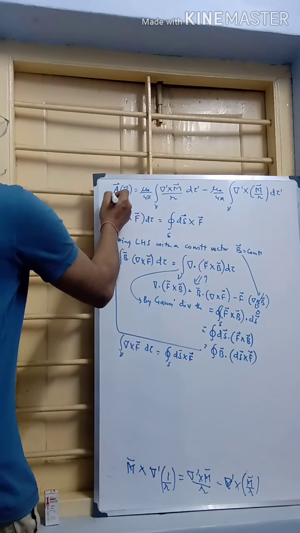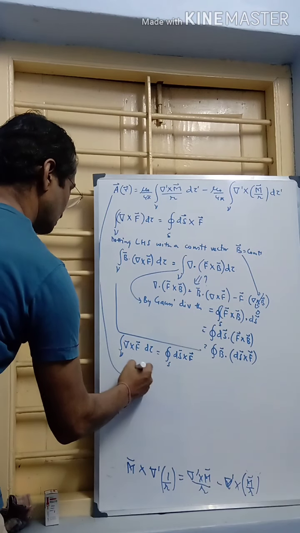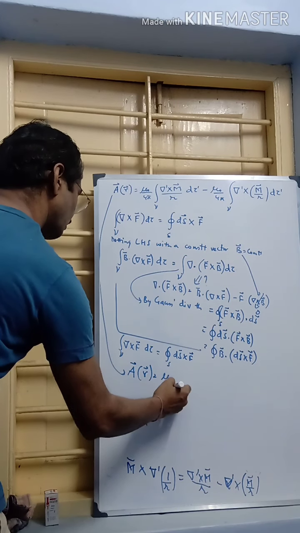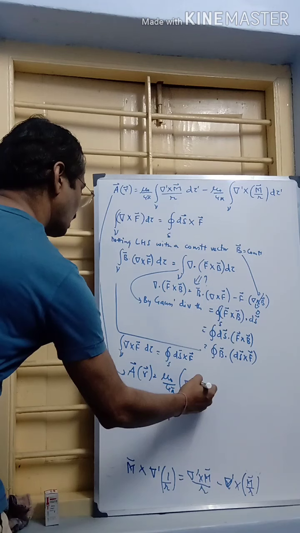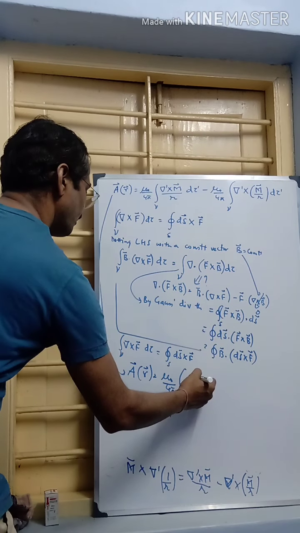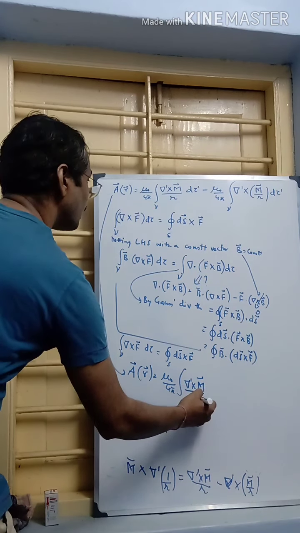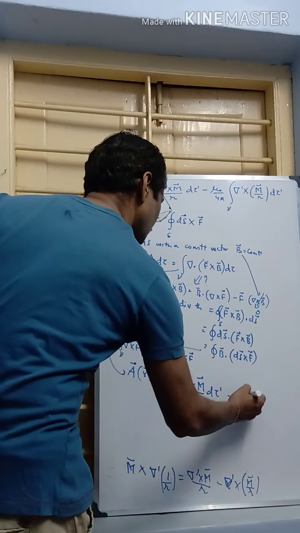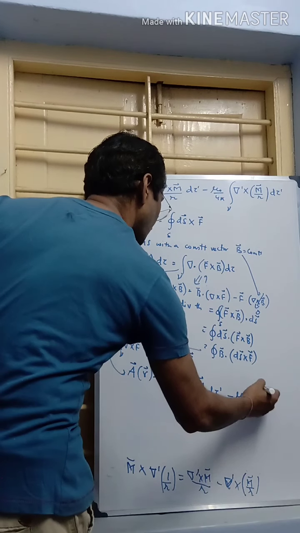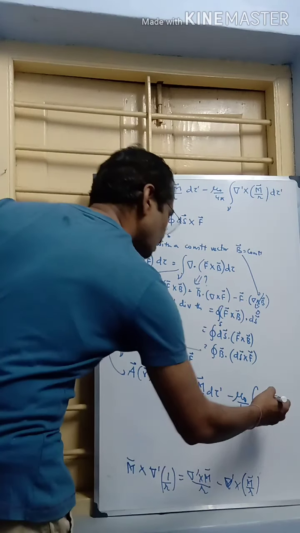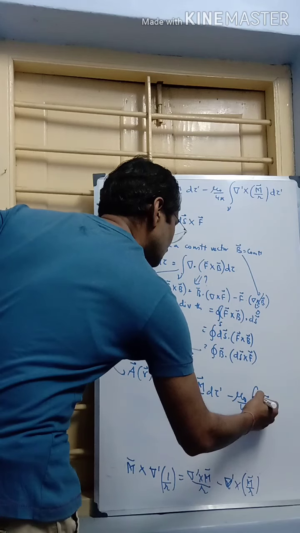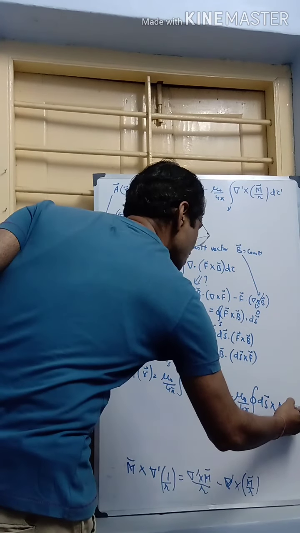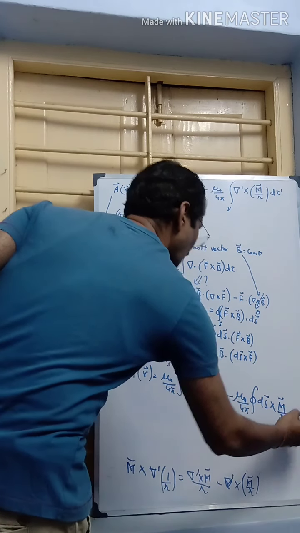So we can write A r to be equal to mu naught by 4 pi the integral of curl of m by r d tau prime minus mu naught by 4 pi the surface integral of ds cross m by r.